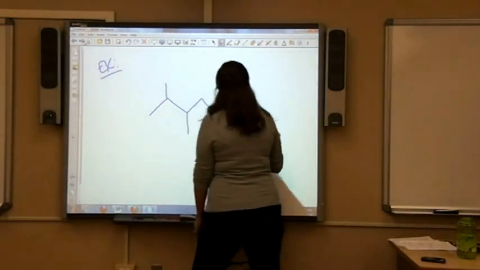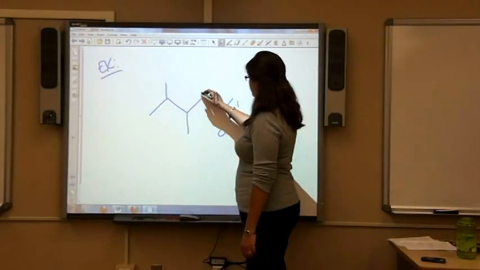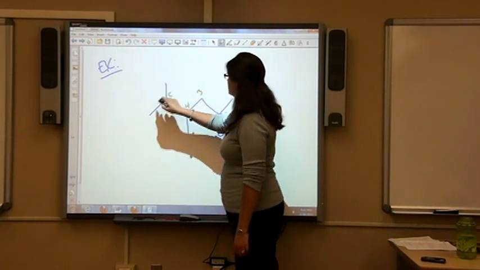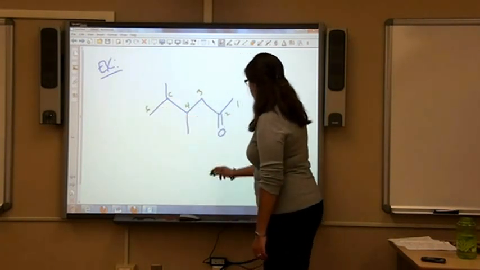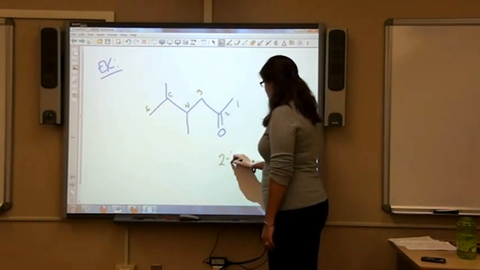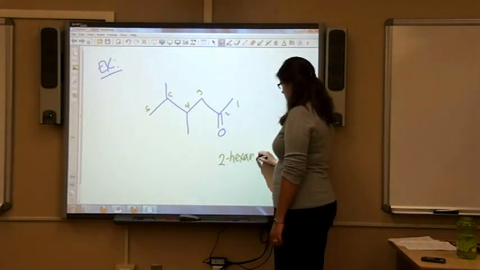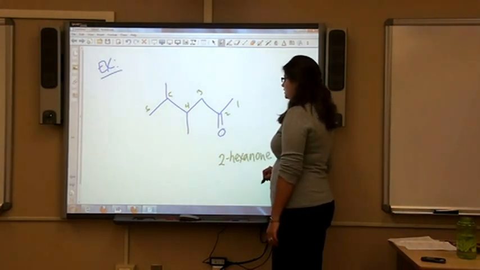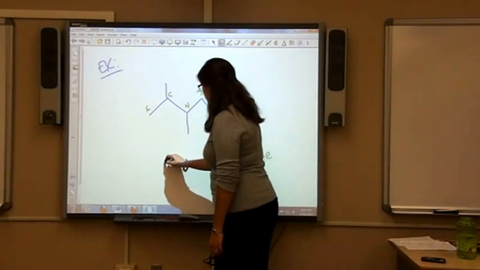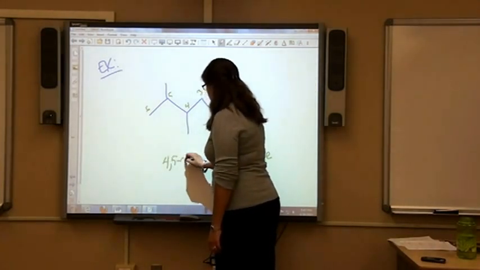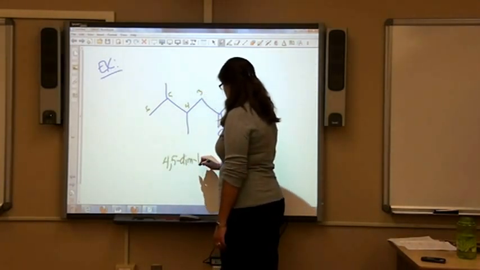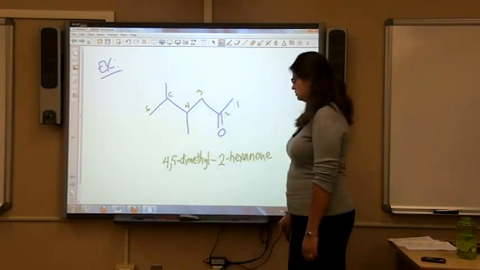Okay, we can do another one. Looks like we'll have to start from the right this time. So here we would have 2-hexanone. And then we have 2 methyl groups, so that would be 4,5-dimethyl-2-hexanone.